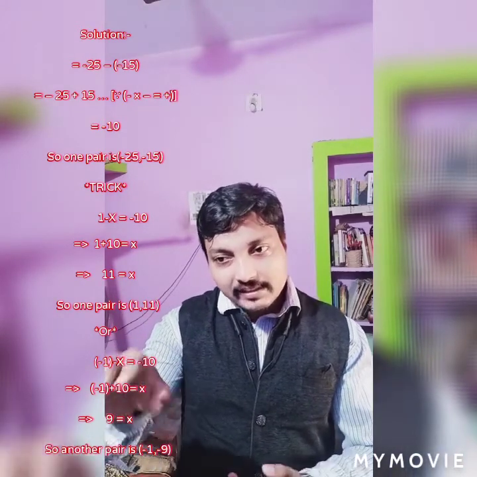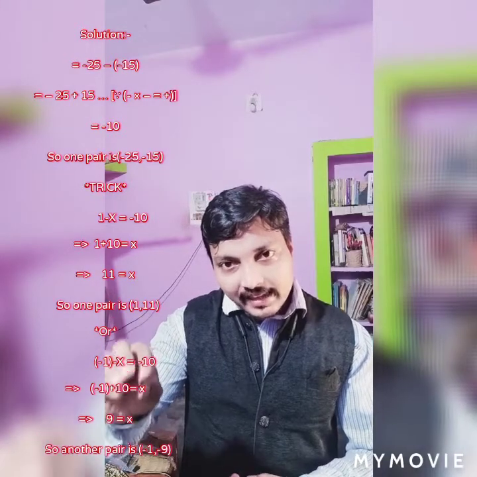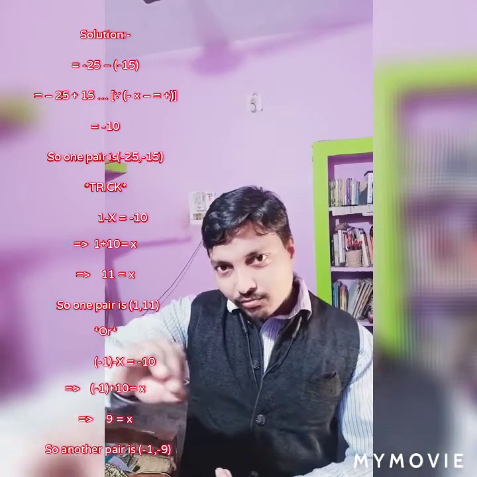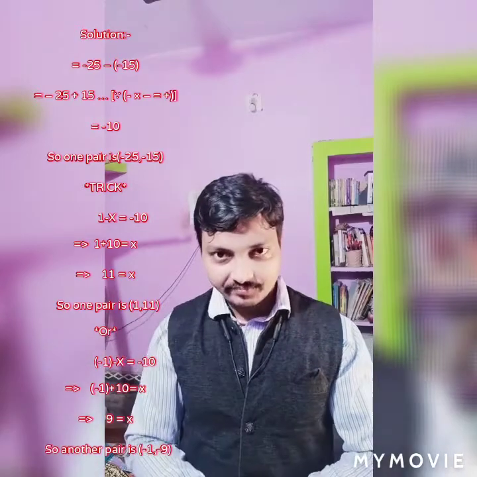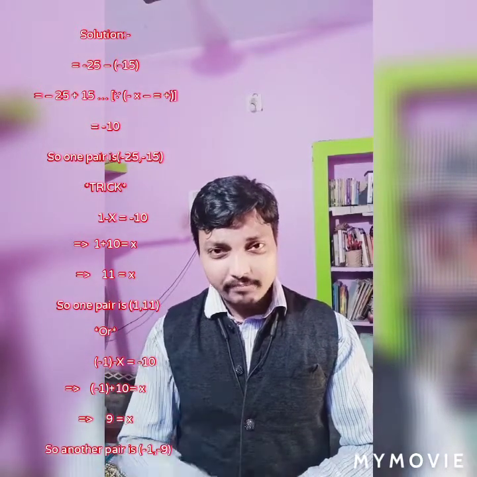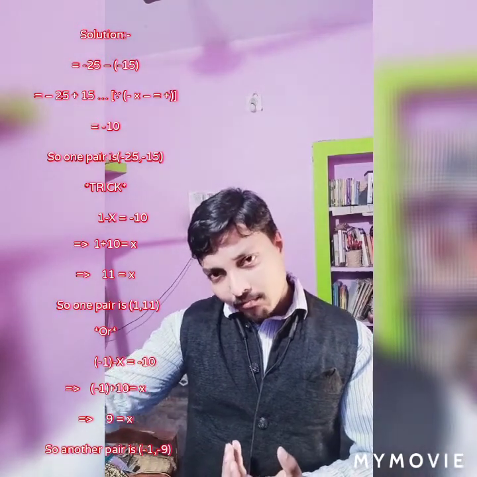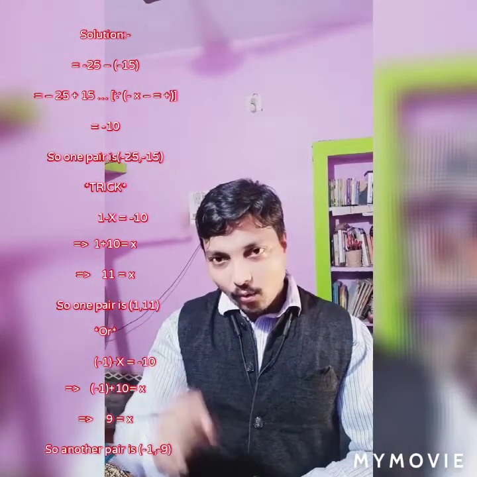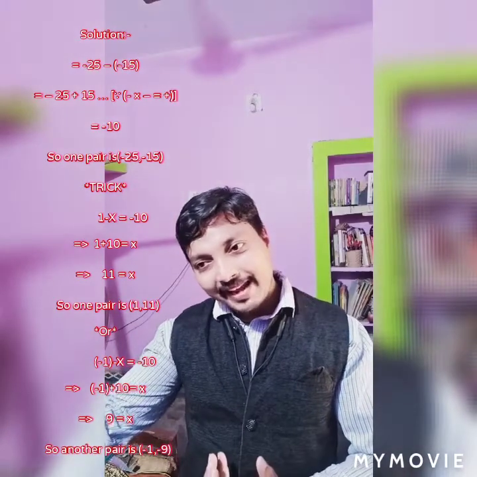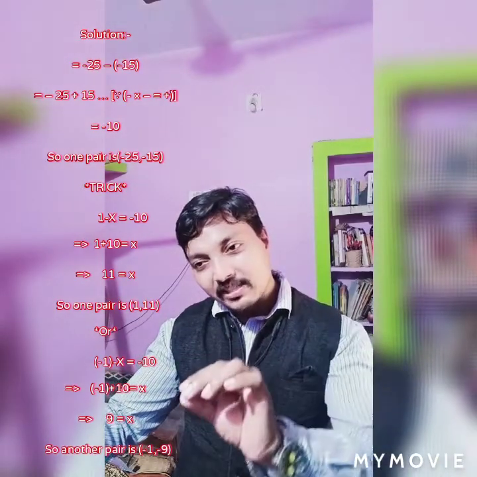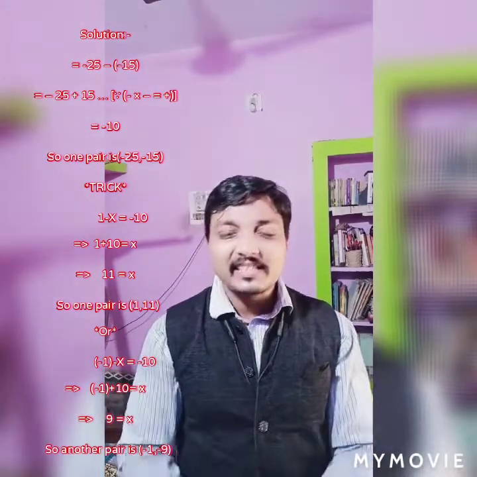So to get x, I have to transpose it to the right side. 1 equals... then the right side -10 I bring back to the left side. 1 plus 10 equals x. It implies 10 plus 1 equals 11. So x is equal to 11.